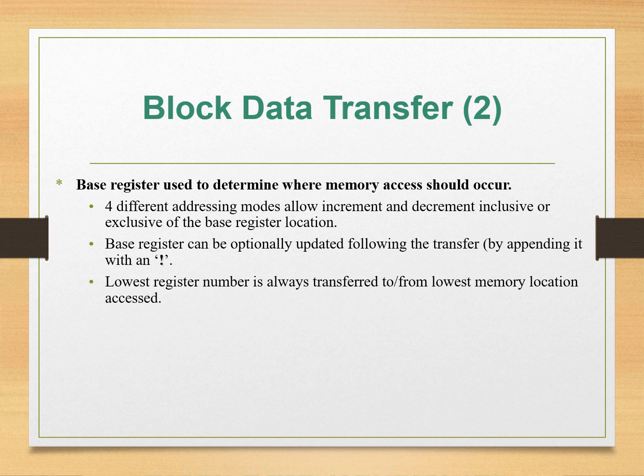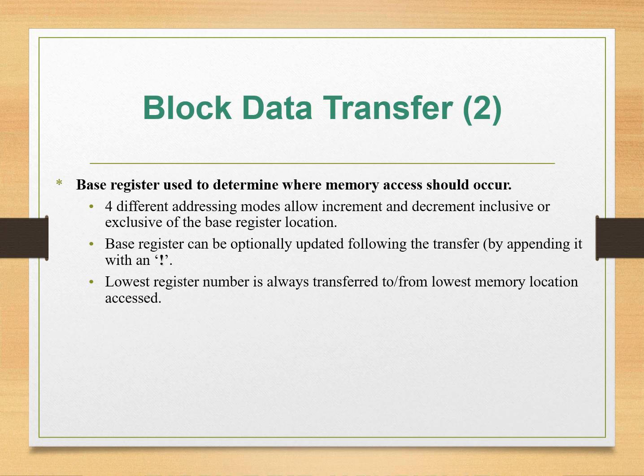The base register is used to determine where the memory access should occur. The base register actually points at the memory address of the value that you either load or store. The base register can optionally be updated following the transfer.